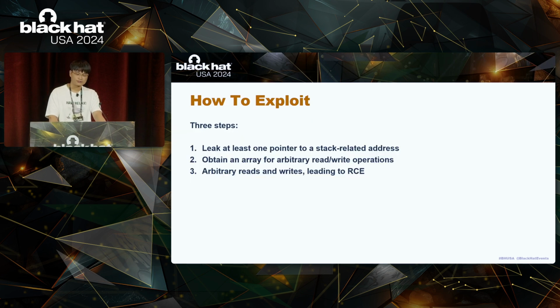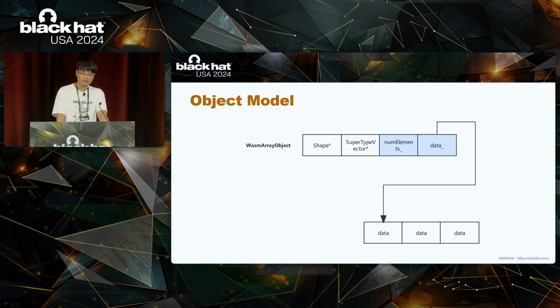So how to exploit? When exploiting SpiderMonkey vulnerabilities, we typically aim to construct primitives of arbitrary read and write operations, but we need to know the object model first. This is a WebAssembly array object model.